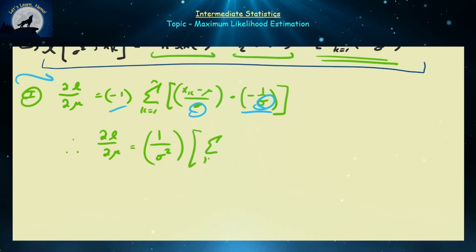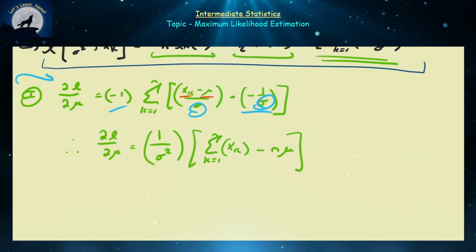So what are we left with? We're going to be left with the sum from k equals 1 to n of our xk term. And also we're adding mu n times, so we can write that as minus n mu after we take the summation. And what can we do here? We can multiply by n, because then that turns into an x bar, and this probably is the nicest way you could write it.